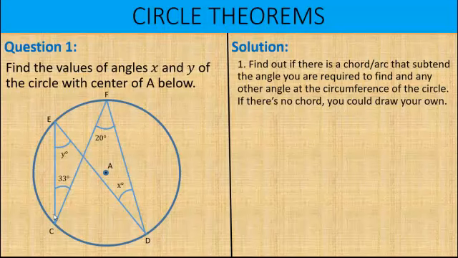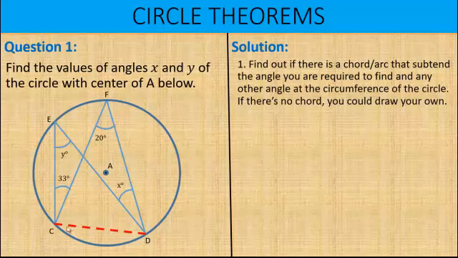So for this diagram, we could see that there is an arc here, the CD. If you want to draw the chord, you can also draw your chord. The arc is already drawn, so there is no need to draw another arc. So we are using either the arc or the chord I have drawn here, the one in red.